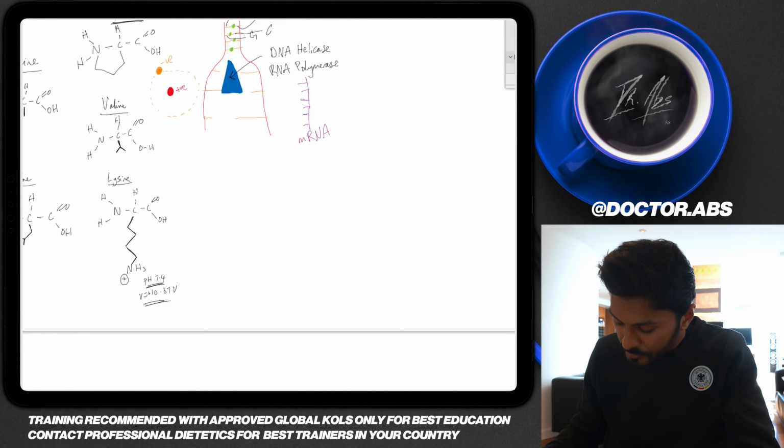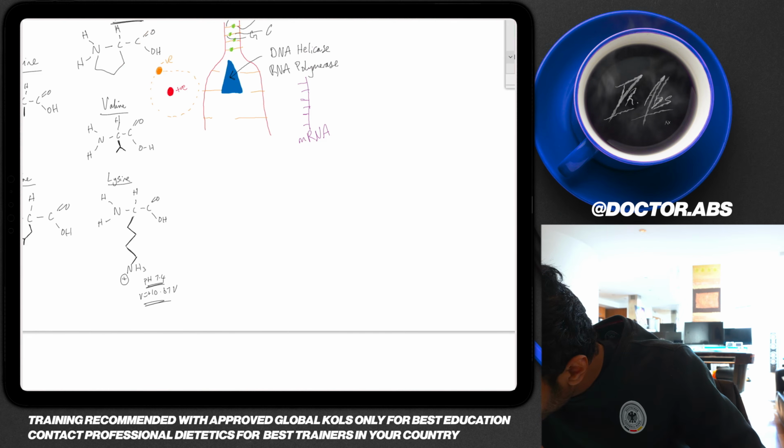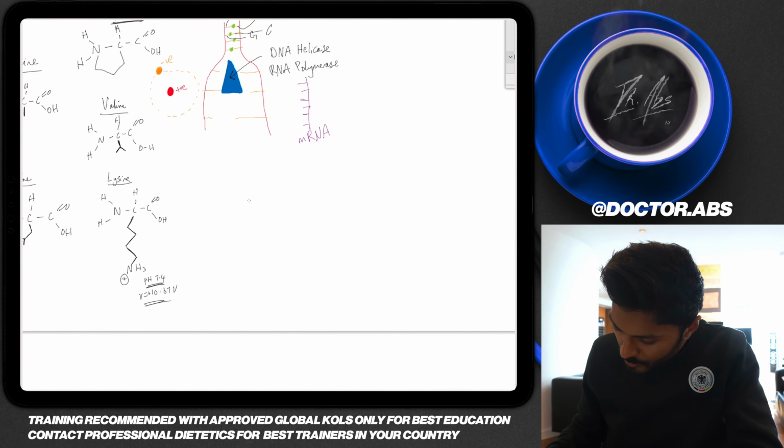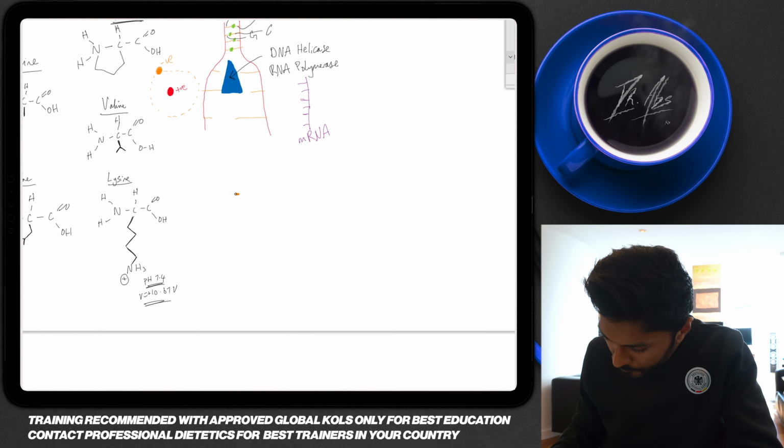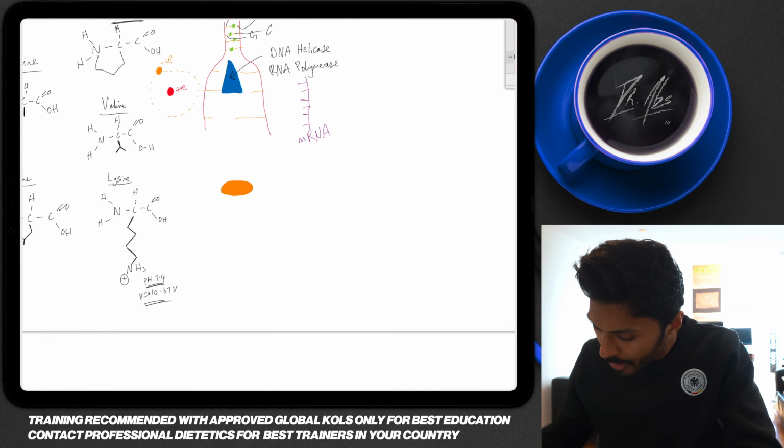Let's use a different color and make the brush bigger. Color that in. What I'm drawing right now is called a ribosome.